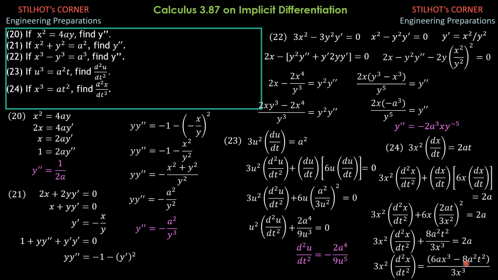So this is a matter of algebra. Then we break 8a squared t squared into 8a and 8t squared, and we replace 8t squared by x cubed.